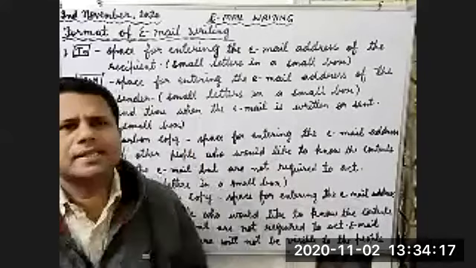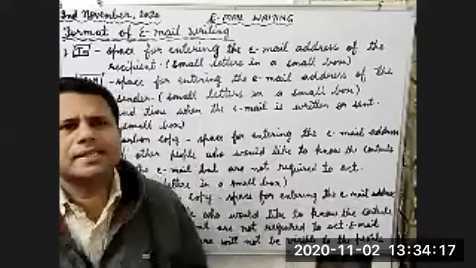C means carbon copy. Suppose you are sending the email to Rahul. Suppose my friend is Rahul. I suppose I want to send the same email to my other friends named Balram or Sumit. So here I can make the carbon copy.